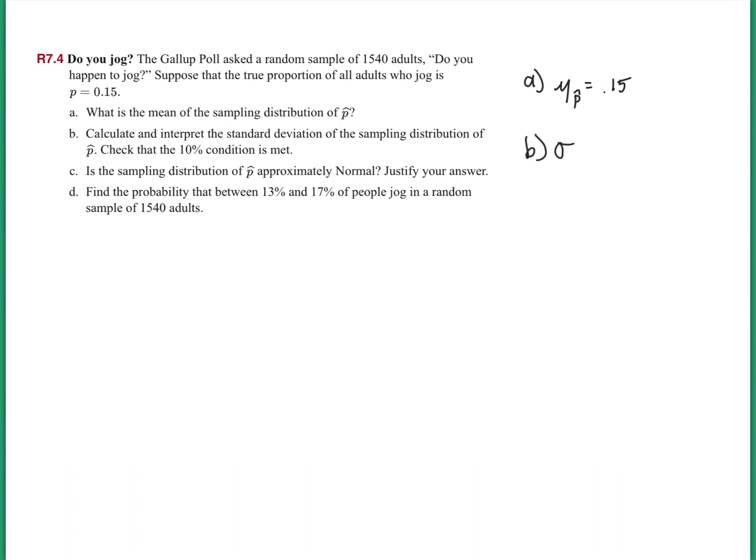So for the standard deviation of the sampling distribution for p hat, we're just going to use the formula: the square root of p times 1 minus p over n. p, they tell us, is 0.15. 1 minus p is 0.85.